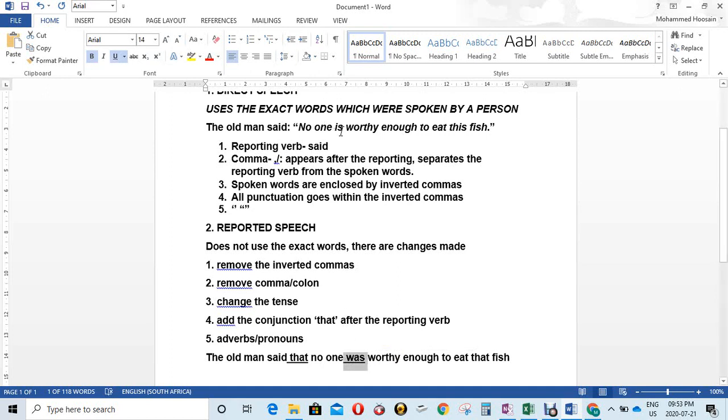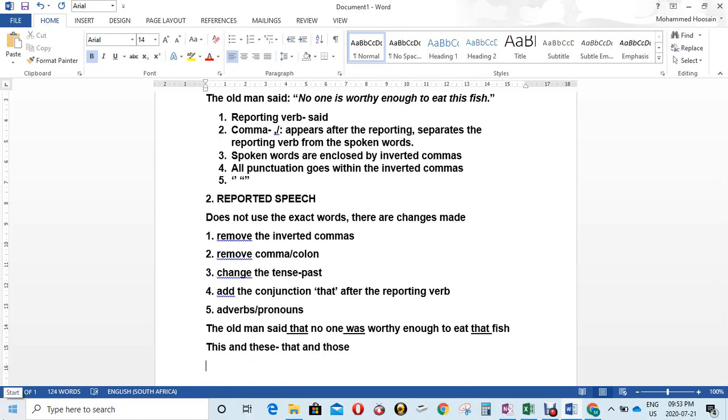Is changed to was. The tense now changes to past tense. And this will change to that. If you look at some other adverbs of time, this and these change to that and those. Yesterday will become the day before.